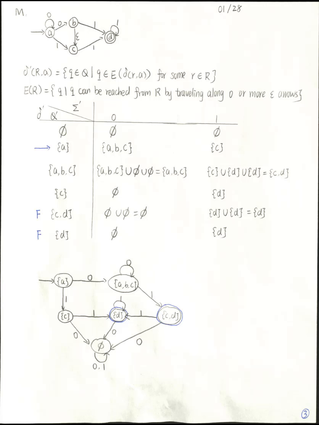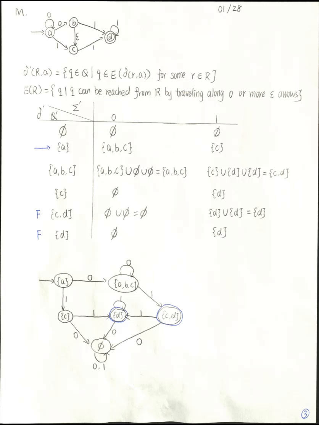That will be D. From D, I can reach the empty set on a 0, and I can reach itself on a 1. I take the closure of the resulting states. So the only difference between this epsilon transition case and the one without epsilon transitions is that after computing the resulting states, I need to take the closure of them.